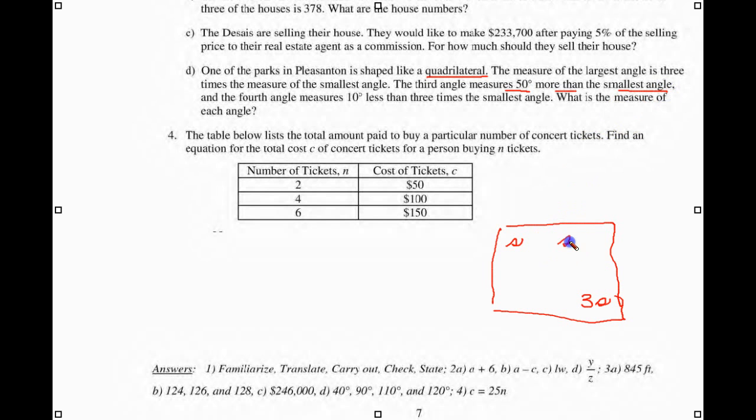So this is the smallest angle plus 50. And then the last angle, the fourth angle, is 10 less than 3 times the smallest. Well, 3 times the smallest minus 10. There are my 4 angles.